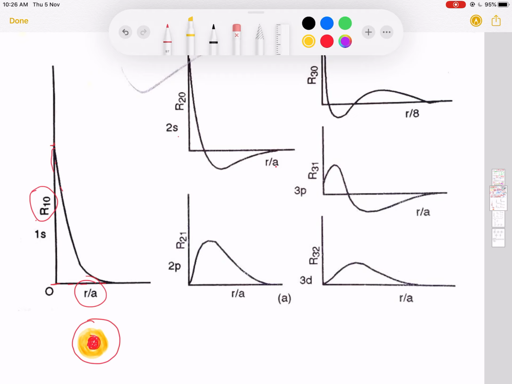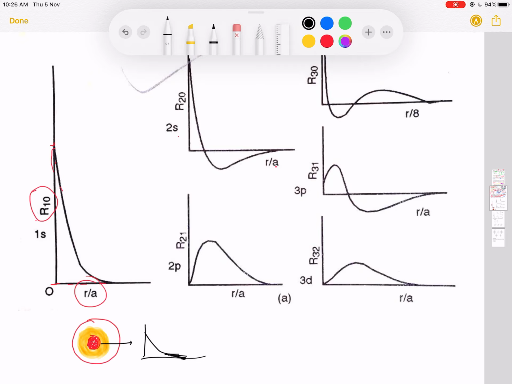We all know from physics that opposite charges attract. As you go far from the nucleus, this probability decreases. That's why this graph is exponentially decreasing like this, and it comes to 0 at some point.